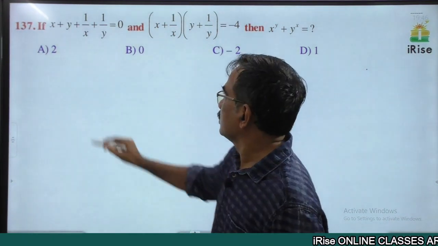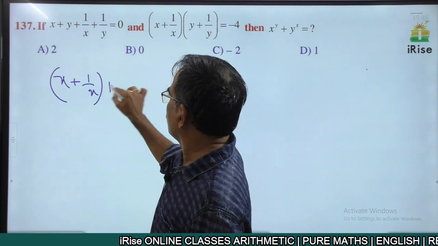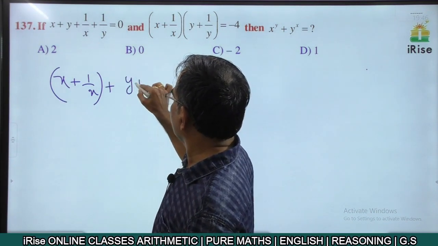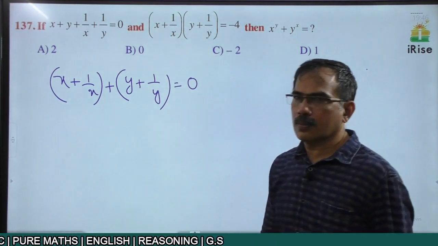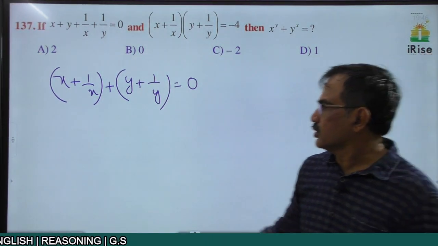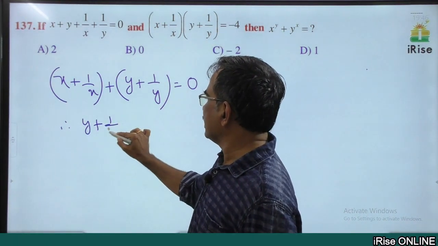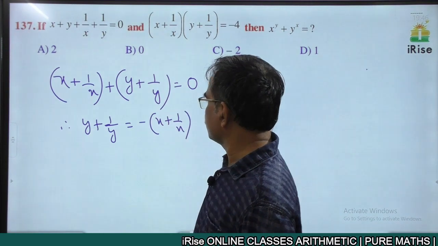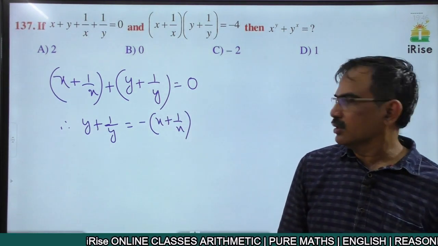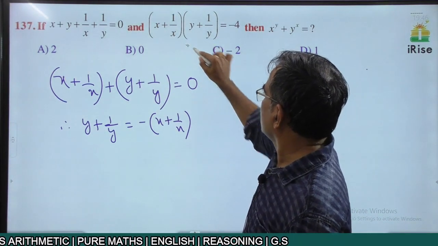Here x plus 1 by x plus y plus 1 by y is equal to 0. So therefore y plus 1 by y is equal to minus of x plus 1 by x. Then substitute this condition in the given condition.